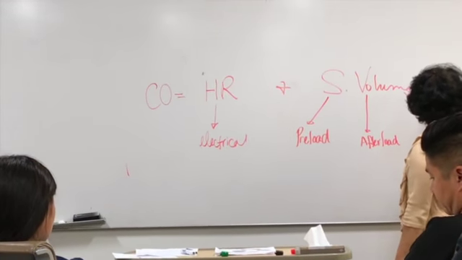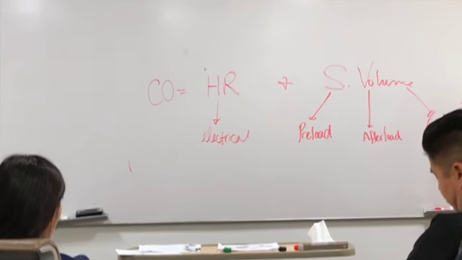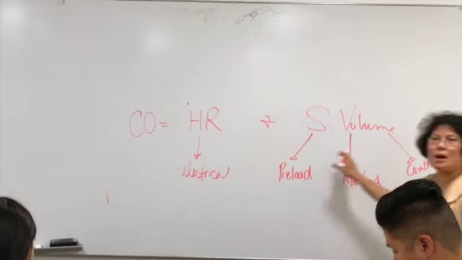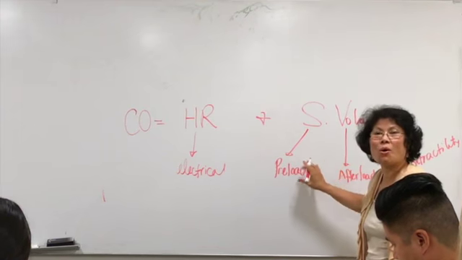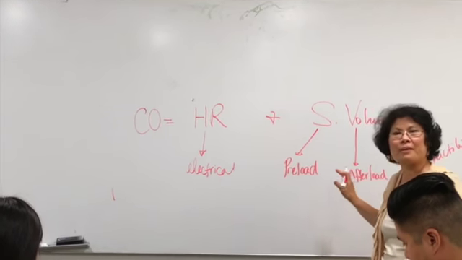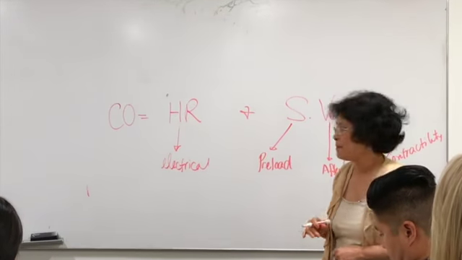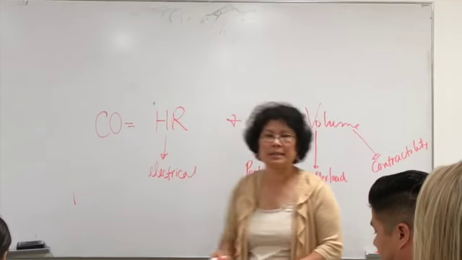And the third is contractility. These are the determinants of stroke volume. You need all of these three to have a good stroke volume. If it's only one, it's not going to work. So you have to have a preload, afterload, and contractility.